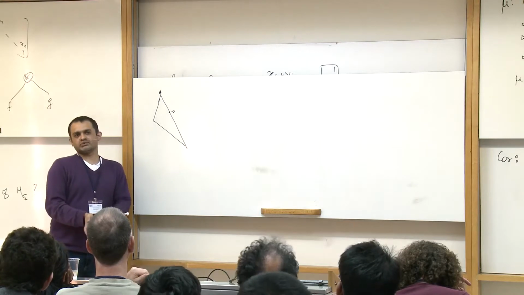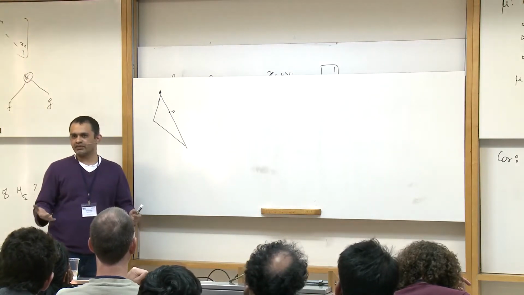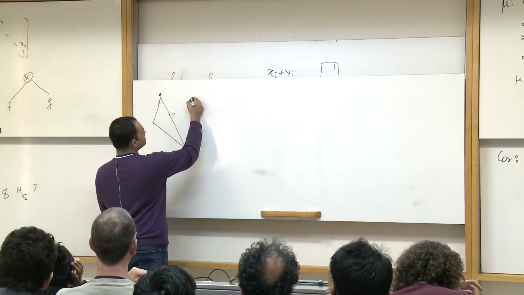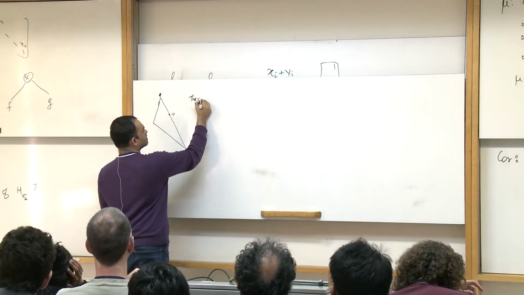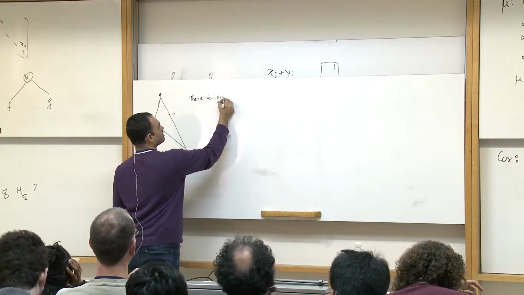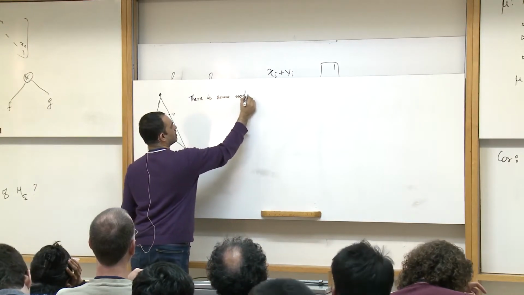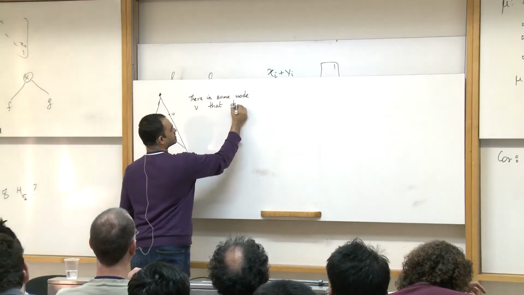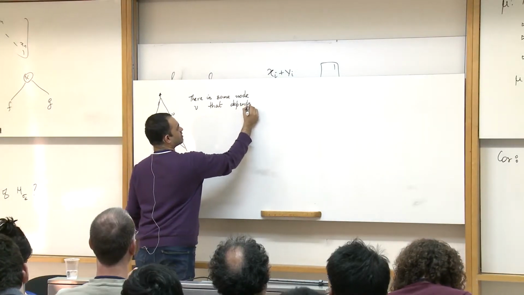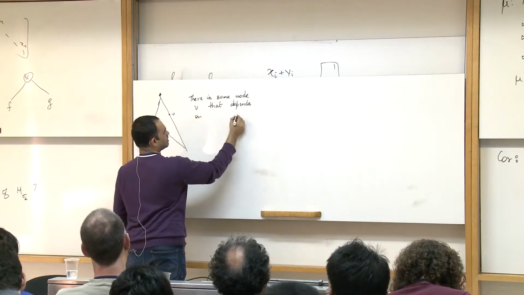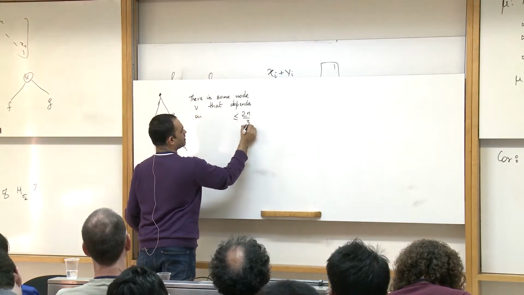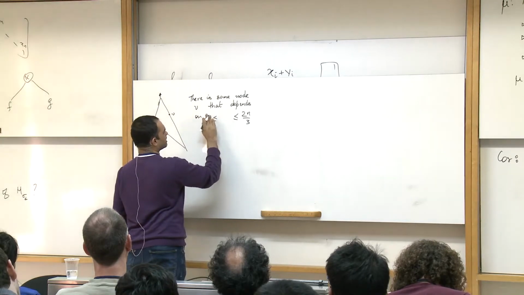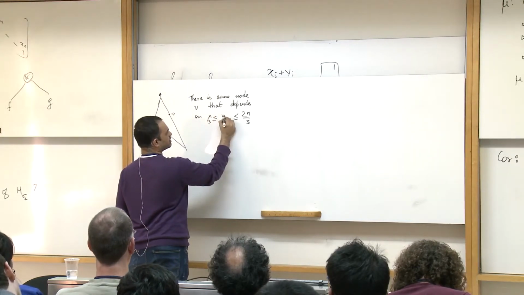The size of the subtree is one such example. You could have used the degree. And then you could also do the following. There is some node V that depends on less than 2n by 3 and greater than n by 3 variables.